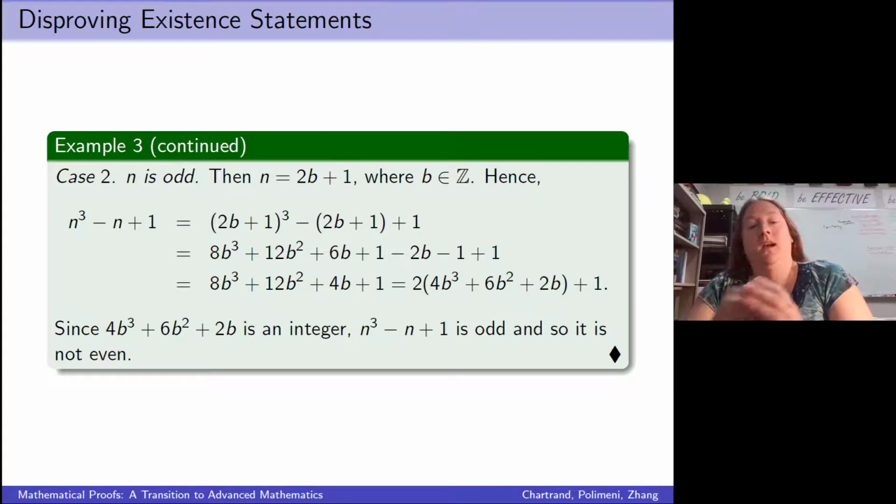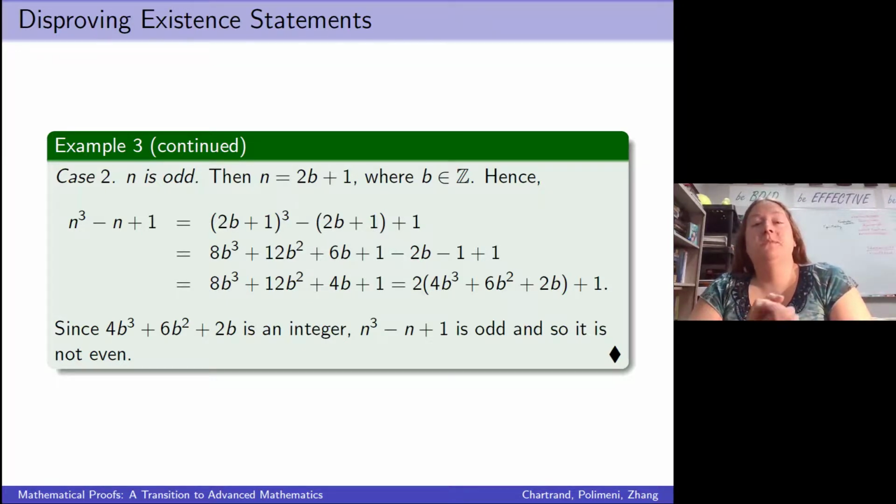So again, I write n as a generic odd number, 2b plus 1, where b is an integer. I substitute that for n, and I do some arithmetic, some simplification, and I get 2 times the quantity 4b cubed plus 6b squared plus 2b plus 1.